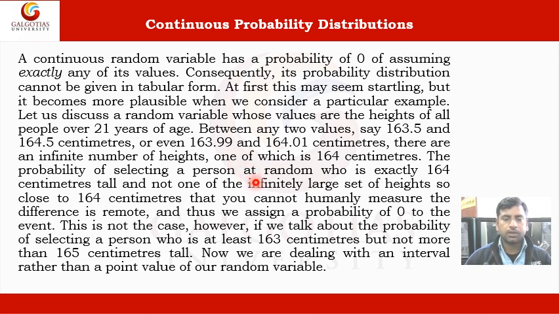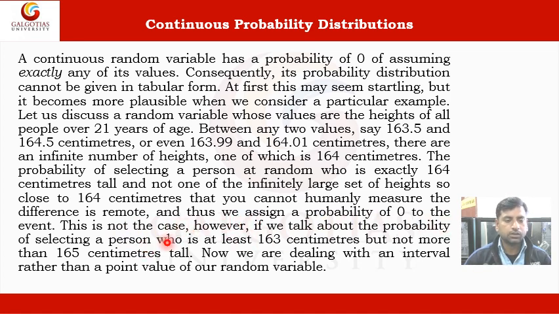The probability of selecting a person at random who is exactly 164 centimeters tall, and not one of the infinitely large set of heights so close to 164 centimeters that you cannot humanly measure the difference, is remote, and thus we assign a probability of 0 to the event.